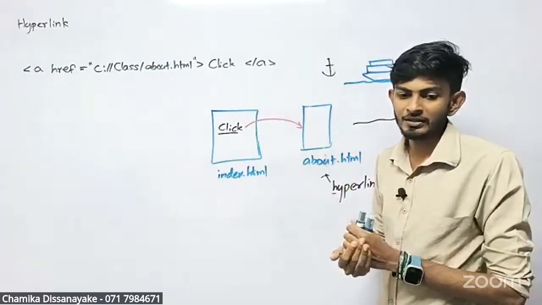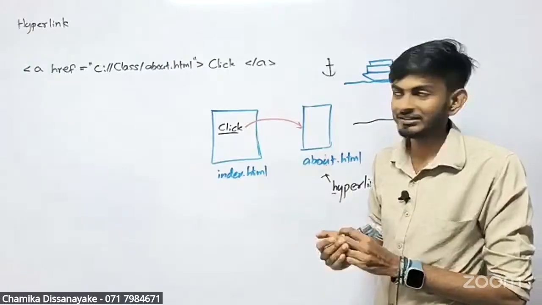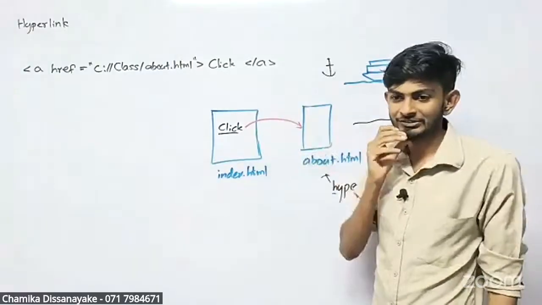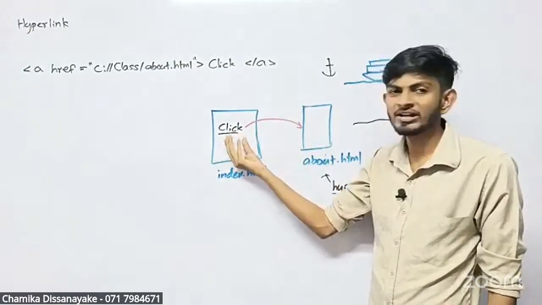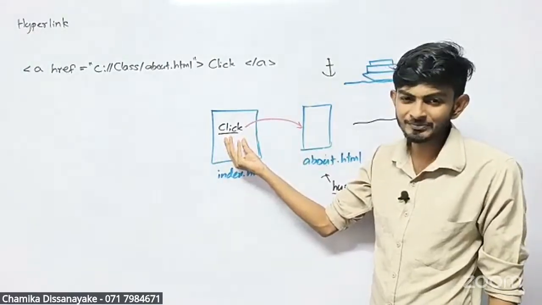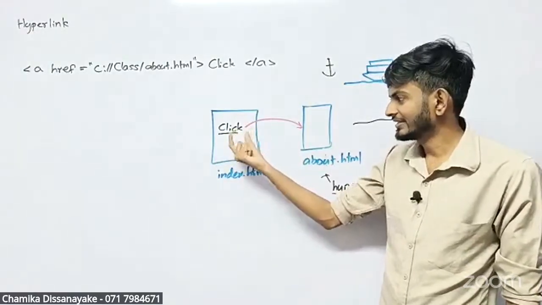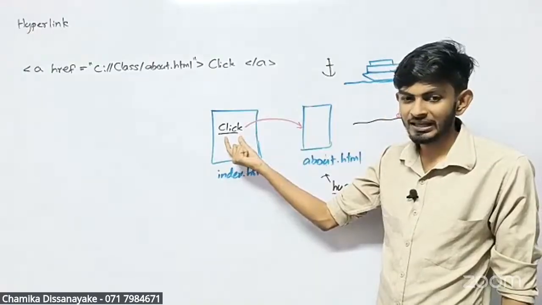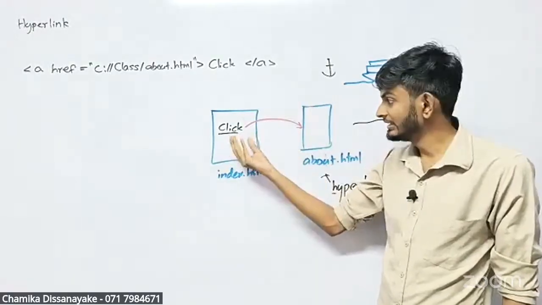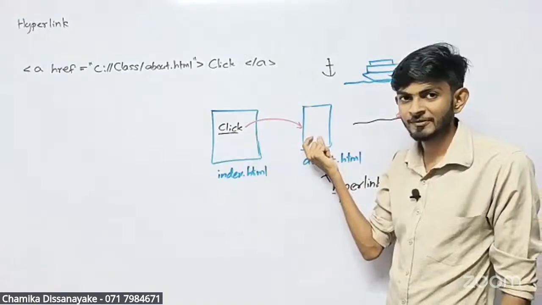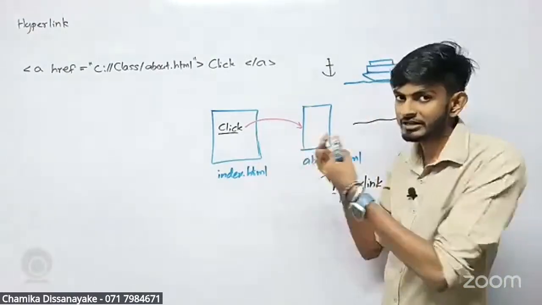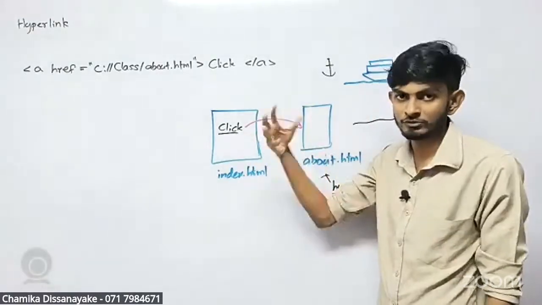That specific method is called a hyperlink. We can put any word or any image or anything, and we can just click that word, and then that word will be linked with the other page. Then the other page will be loaded in the web browser.